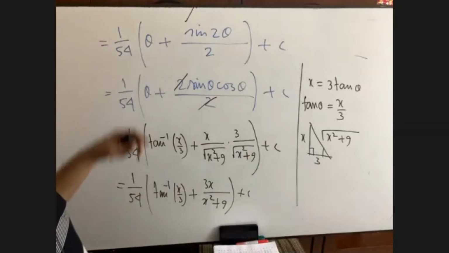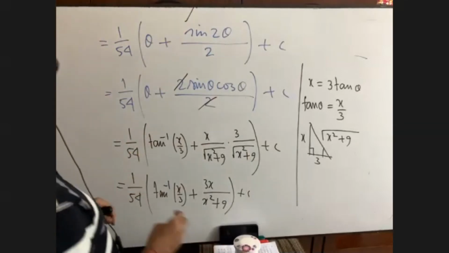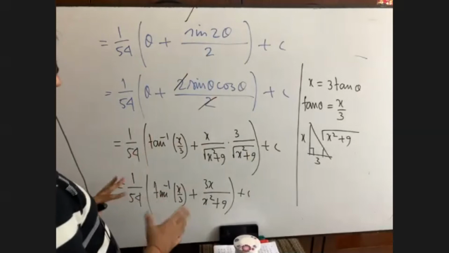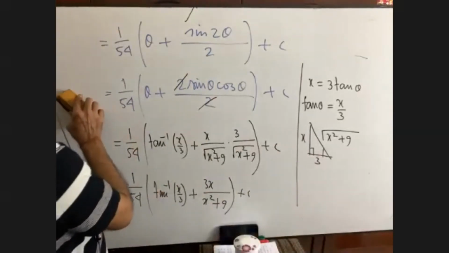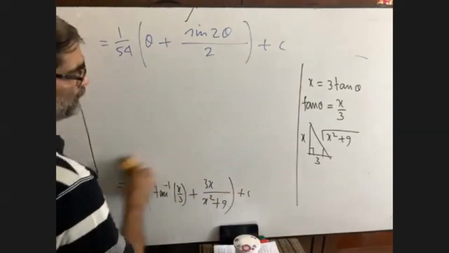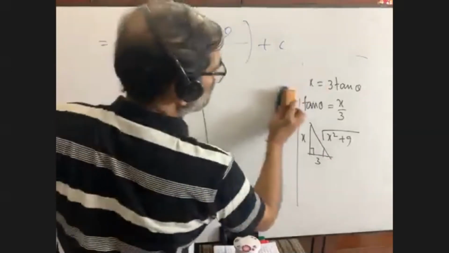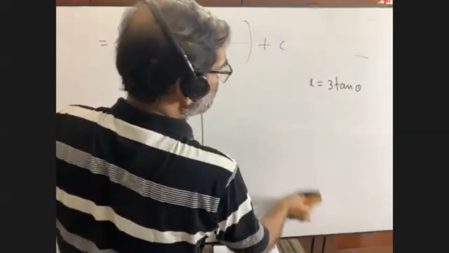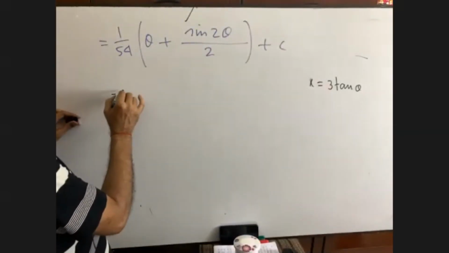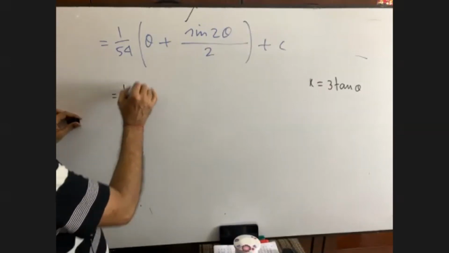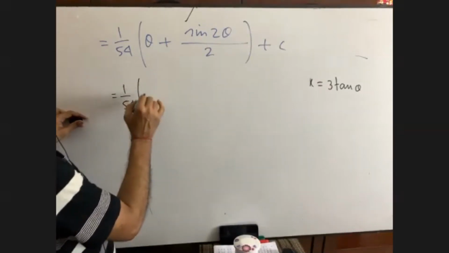What is the formula of sine 2 theta? Will I do according to the book? It is okay. But if we do according to the book, then it is 54 theta.